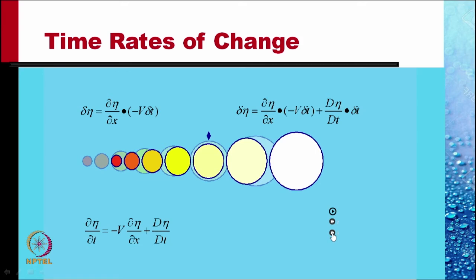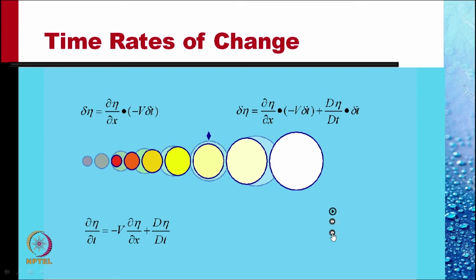And we denote it by capital D eta by capital D t. Capital D eta by capital D t is the material rate of change of eta with time of the actual particle, the growth of the size of each particle.